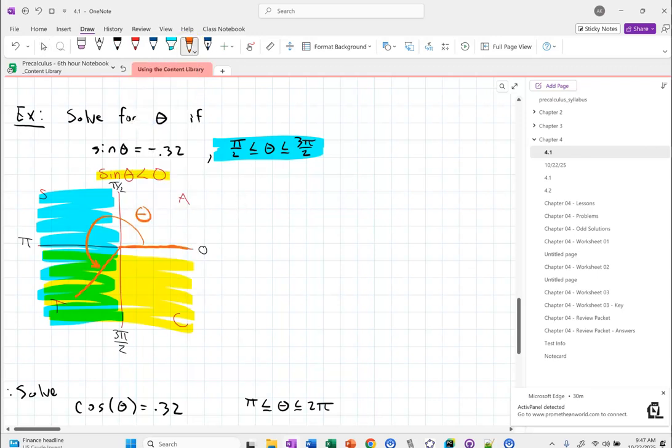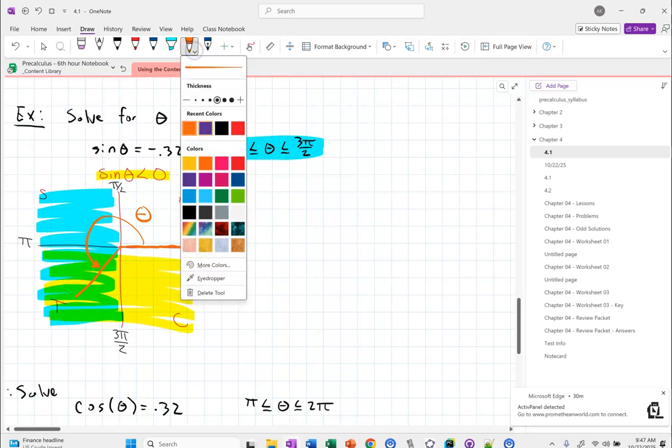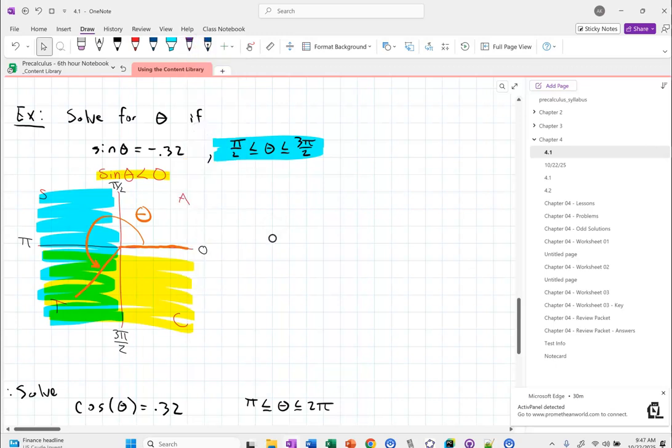So this is my theta, that's my answer. I'm going to break that theta into 2 parts. Because my calculator is not going to spit this angle out for me directly, because if you remember, back to the first lesson, the range for sine inverse is negative pi over 2 to positive pi over 2. So it can't give me an answer in the 3rd quadrant. Is everybody okay with that?